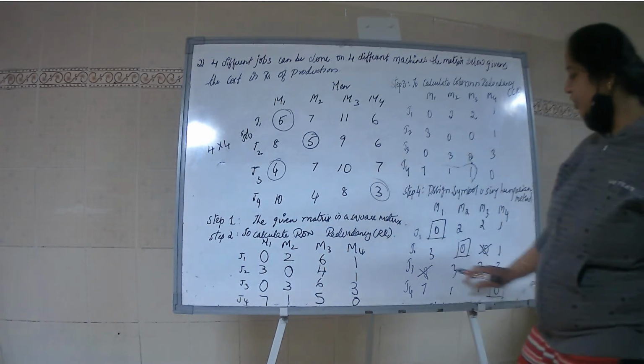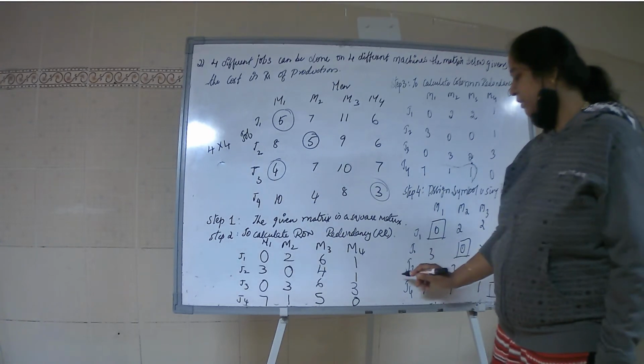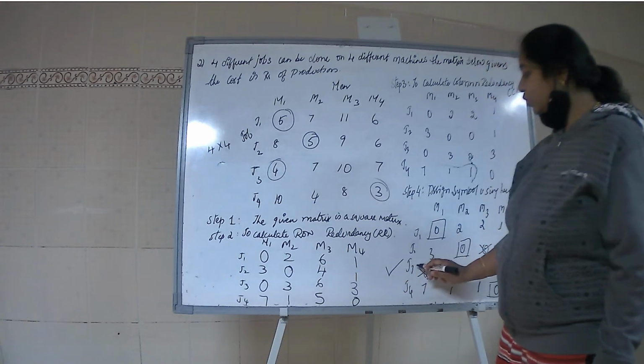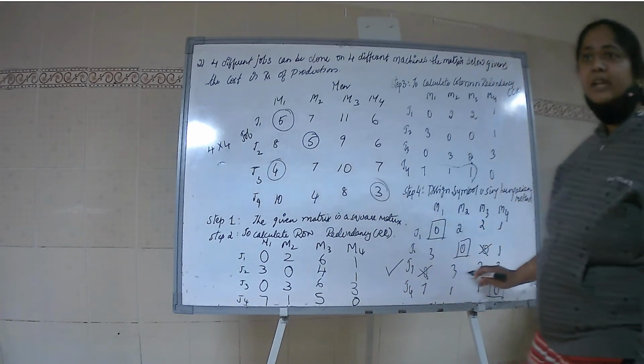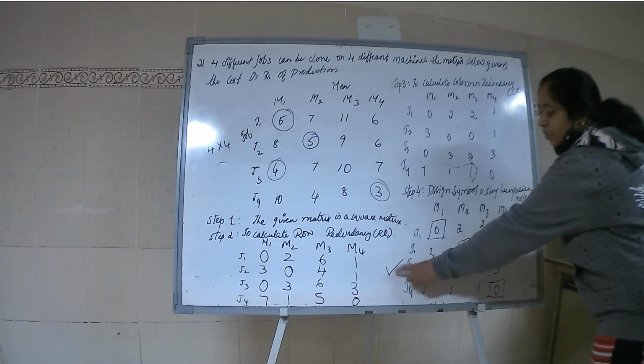That is J3. So you have to tick that row where you don't have an assignment. Yes, J3 has no assignment, so I tick this row.